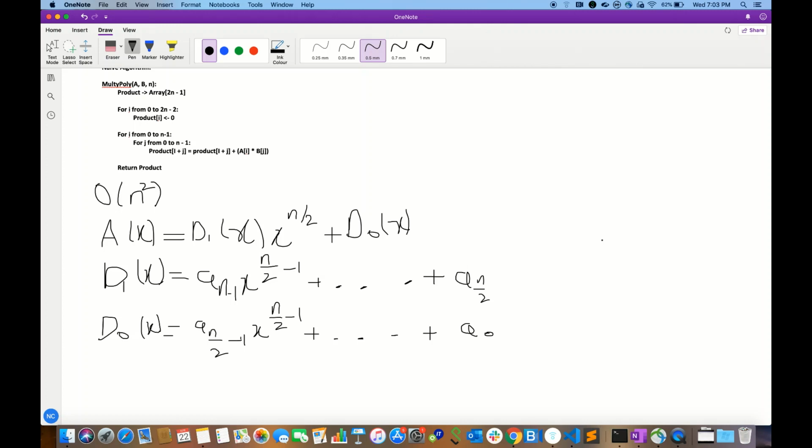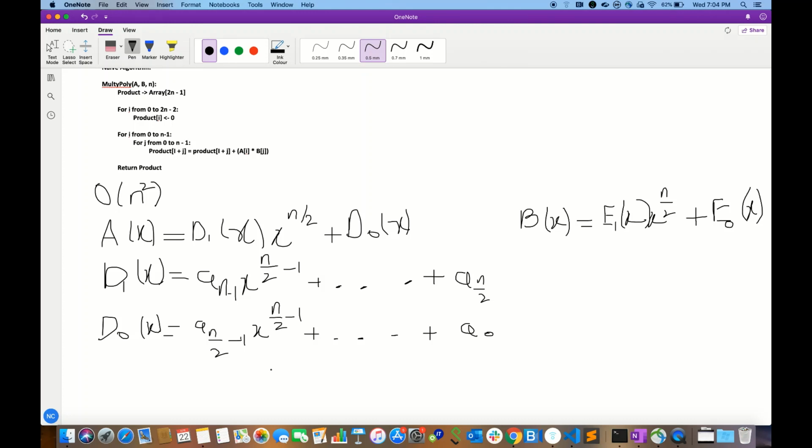So the same thing for b, we will describe it as bx equals... we denoted the previous one for a as d1x, so we will denote it as e1x x to the power n by 2 plus e naught x, and the e1x and e naught x will be the same in the same way as d1x and d naught x.